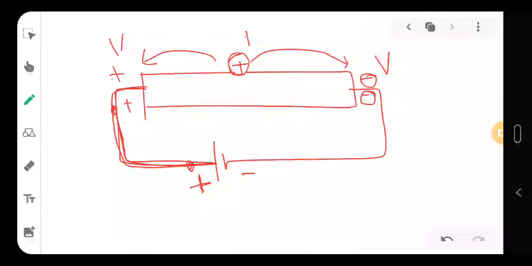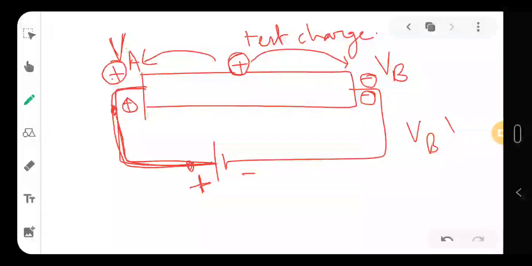We will be working with test charges, a positive unit charge. So in this case the opposite will happen. To stay at point A, this positive charge requires more energy, because this side is already positive and there will be repulsion. But to stay on the negative side, it needs less energy. So VB is much less than VA.